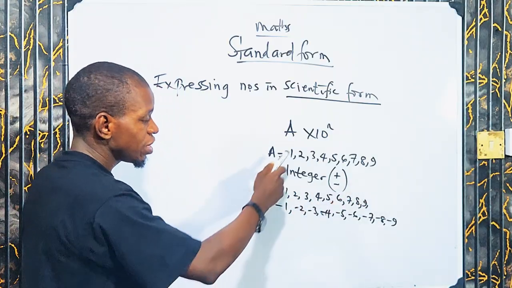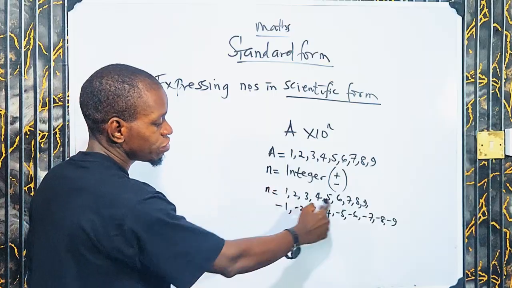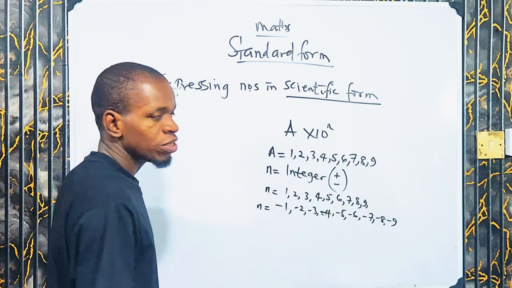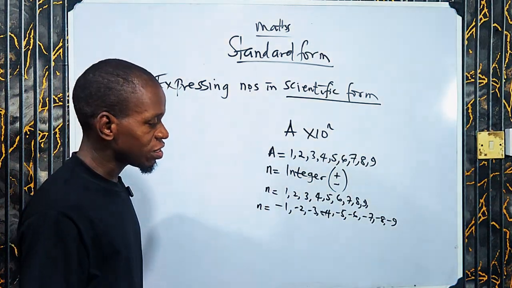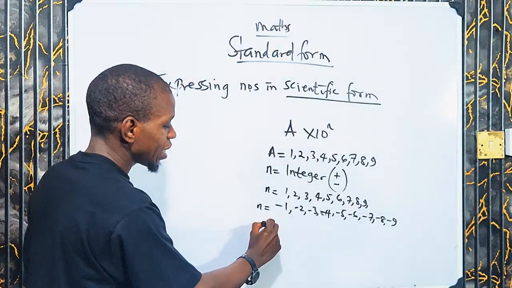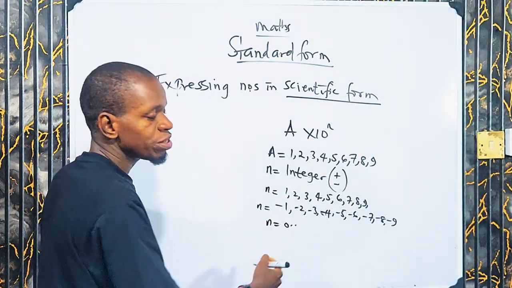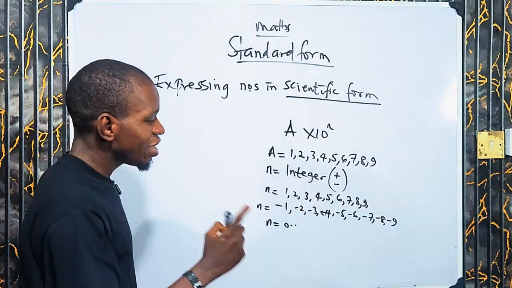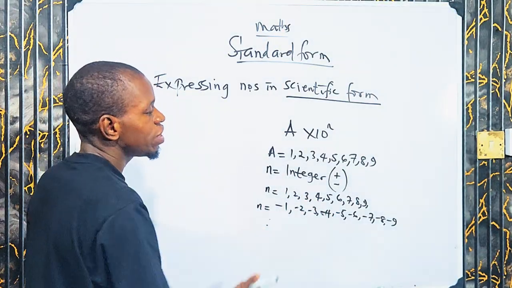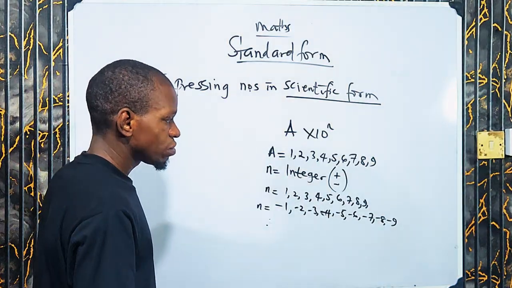So our n can be any of these numbers, or it can be any of these numbers known as the negative integers. You will observe that our n can never be 0. So this power that we're going to have can be any of these.